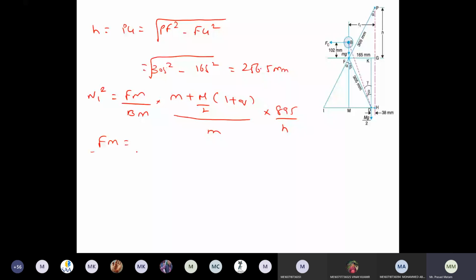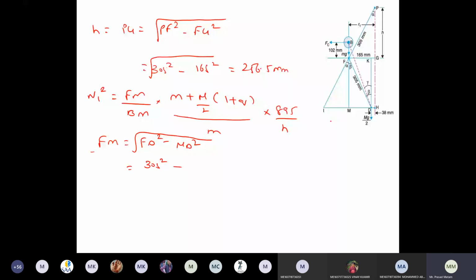FM is equal to the square root of Fd square minus Md square. What is Fd I am getting? 305. What is MD I am getting?